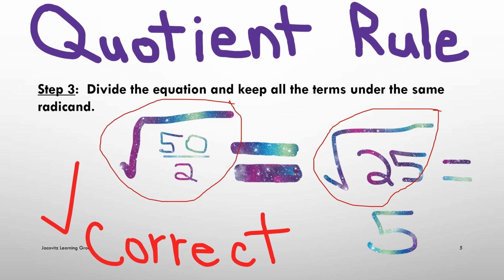But because 25 has a perfect square, which is 5 times 5, I hope you see that dot. It's 25. Guess what? This is your answer. It's this 5. So this is the correct problem. It's that easy, but please don't forget your quotient rules.